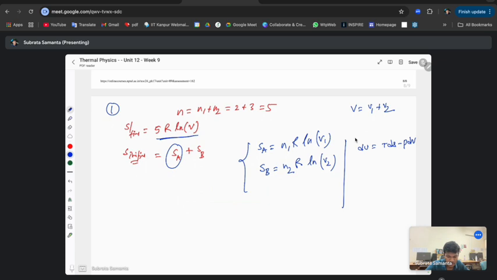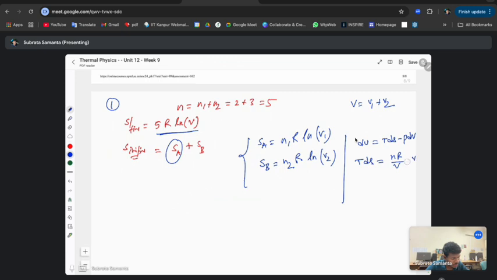Since dU is 0, TdS is PdV, and using the ideal gas equation PV equals nRT, P over T is nR over V, so dS equals nR over V dV. Integrating once, we get ln V.